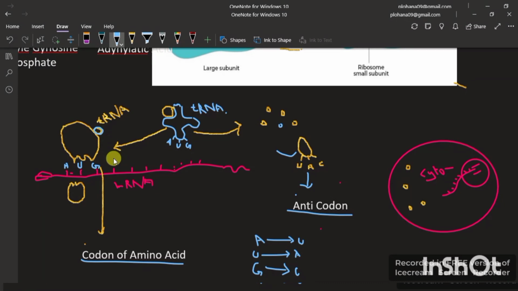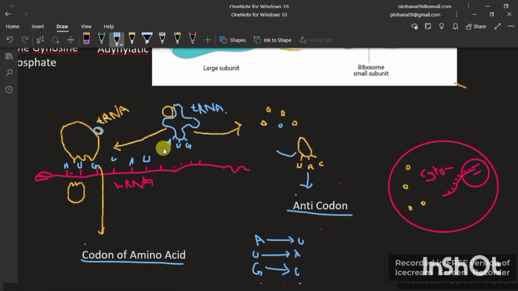Now here we have another codon, alright. I don't remember the anticodon of another amino acid, but wait, let me do it randomly. So I have C here, A here, then again I have U here.